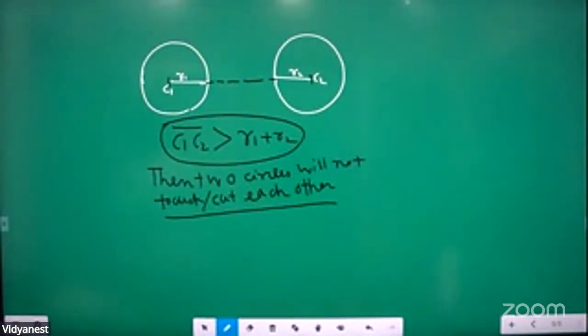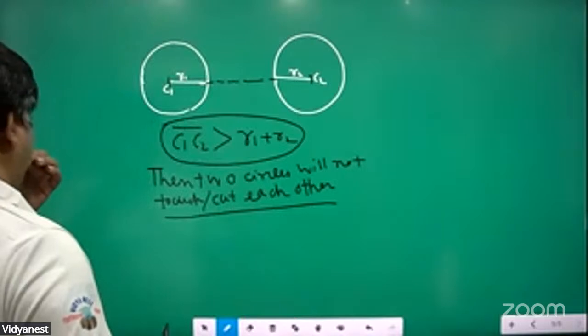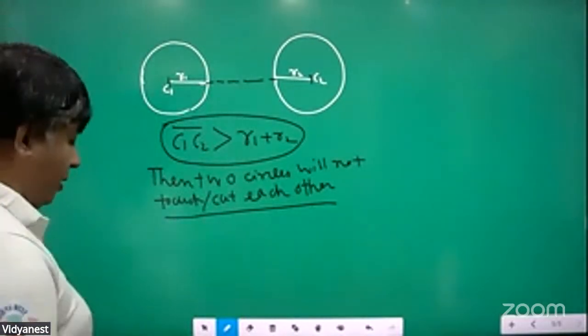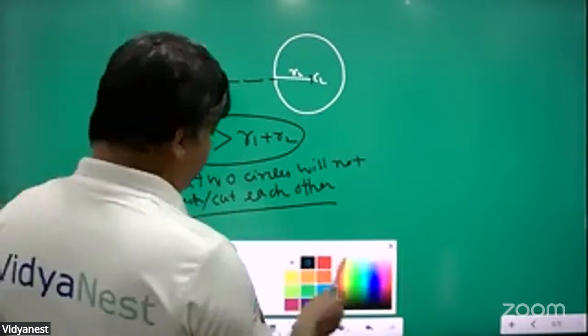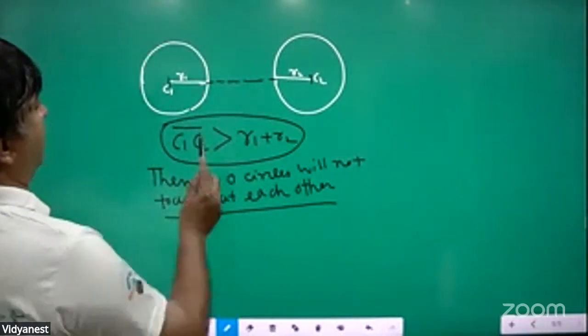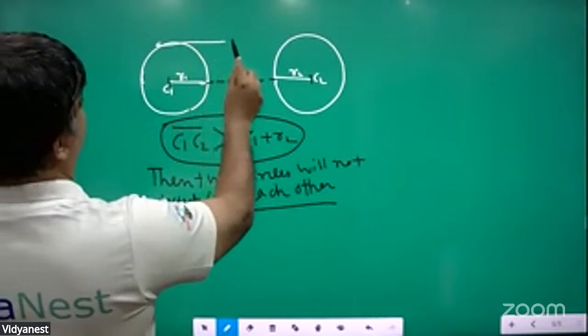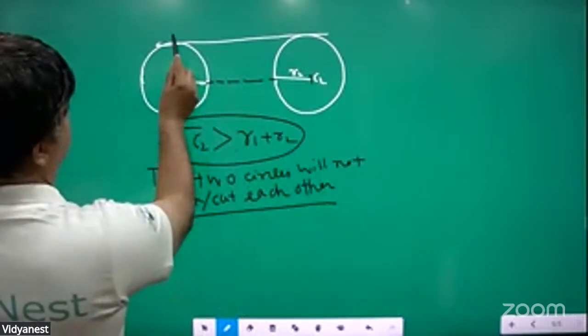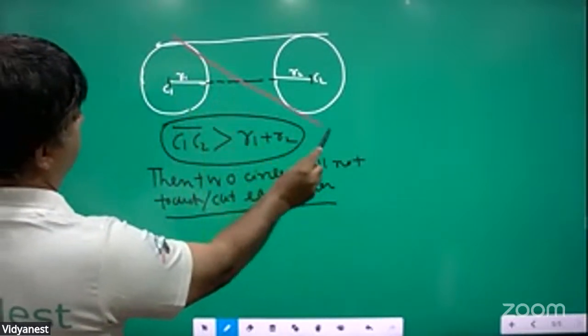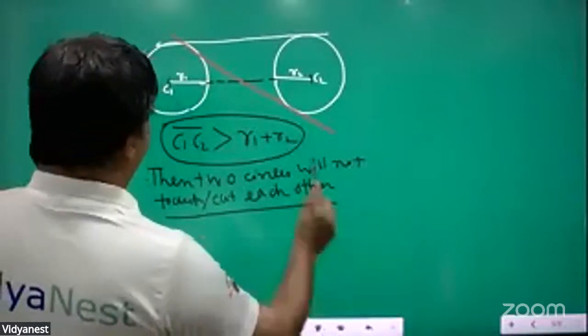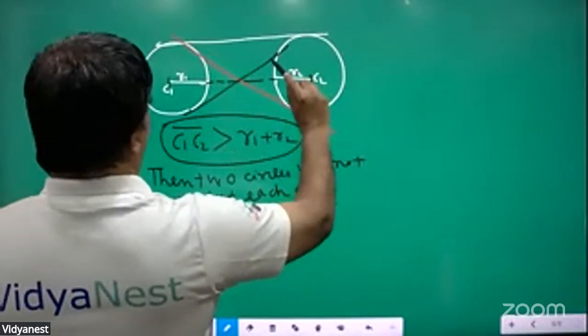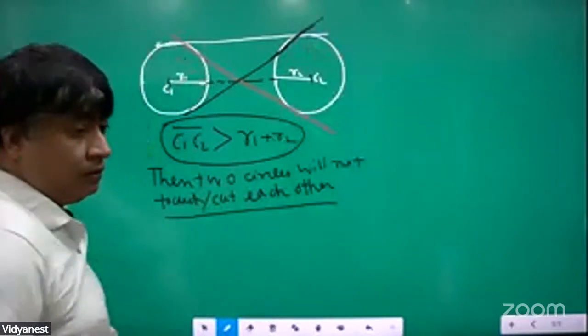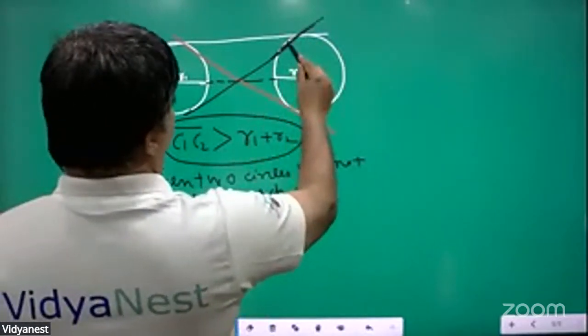Then how many common tangents can be drawn? One, two, three, and this is a tangent.